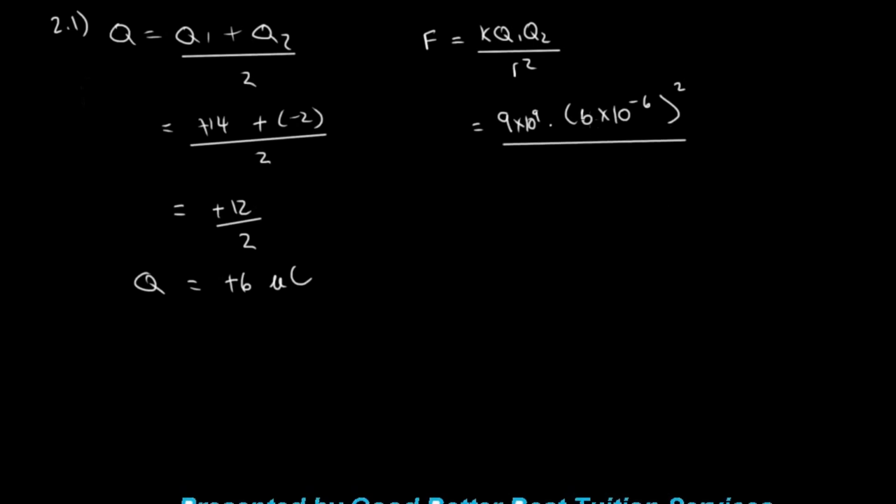Hope everybody sees that. All over, it's 100 millimeters, so you need to divide by 1,000, which is the same as 100 times 10 to the minus 3, squared. Pop it into your calculator. Therefore, the force should equal 32.4, rounded to 1 decimal place, newtons. And this one is definitely a repulsive force because they are both positive 6.